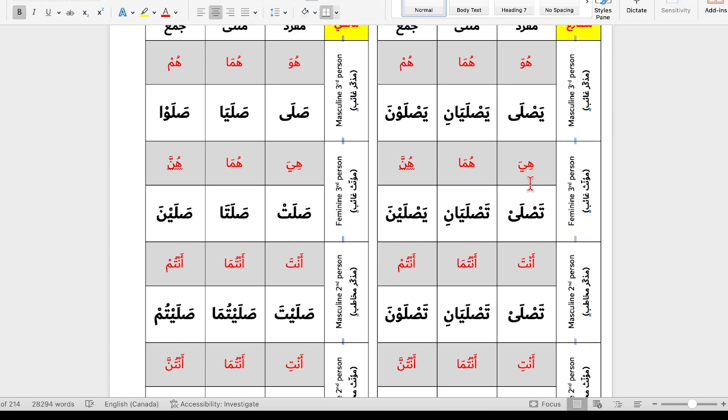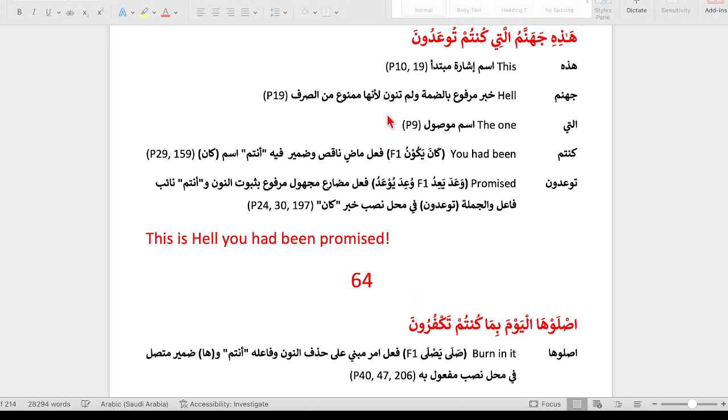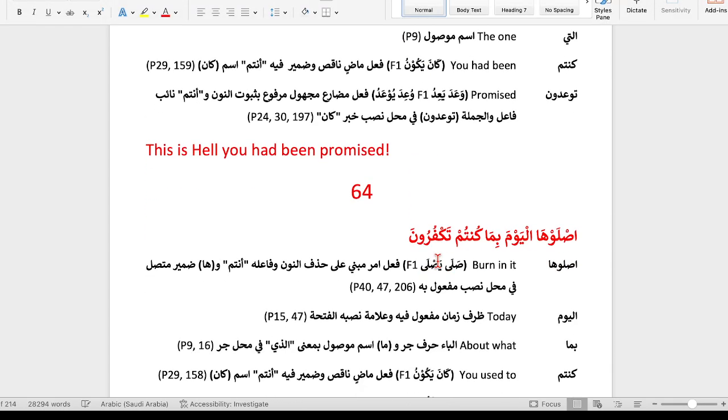So if the middle letter has dhamma, alif will take dhamma. If it has fatha or kasra, then it will change to kasra. So in this case yasla, so alif will take kasra. And the noon is also removed, so it is islaw. That is why you see islaw there. So it is actually islaw.